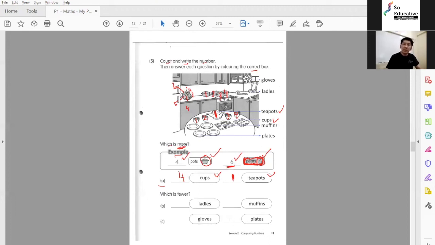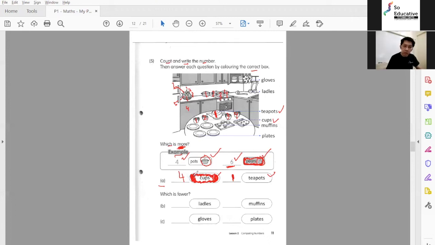Okay, so the question is asking which is more? So there are more cups than teapots. So because there are more cups, I'm going to color the box for the cups. Okay, so boys and girls, you can take your coloring pencil and color the box with the color that you like.